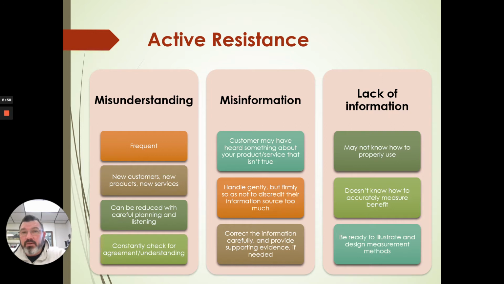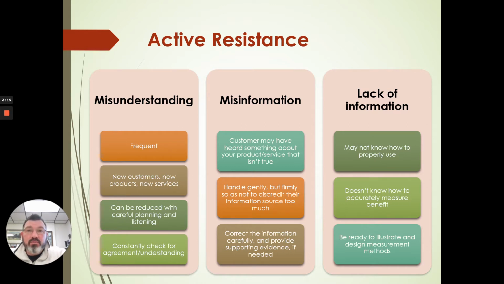Really work on clarity, succinctness, and getting to the point in terms of what you're trying to sell as a product or service. And then to back that up, really listen to the customer very carefully. If you've done a lot of very good listening through your needs assessment and understand a lot about your customer or your group, you can help cut down on this misunderstanding part.